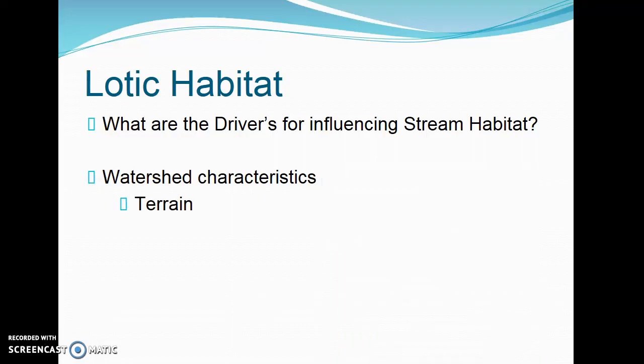Okay, well, what's going to characterize your watershed? The terrain, both steepness and the roughness of the terrain, the size of the watershed, and like I said, every water body is part of a watershed, and some of them are part of the same watershed on a larger level. The land use around those watersheds.